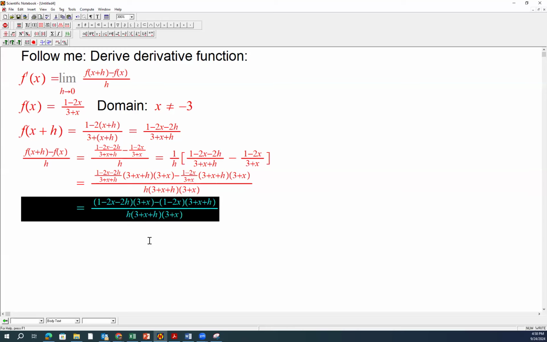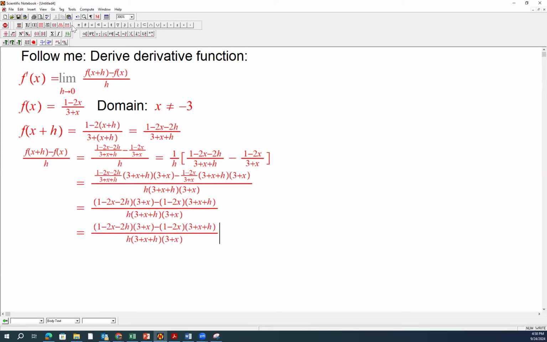Now we're going to have to FOIL. How do we FOIL? I'm going to use that technique one more time. I'm going to view 3 plus x as one entity, and 1 minus 2x as one entity.